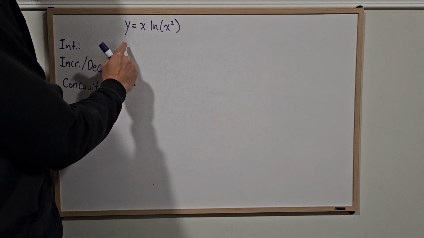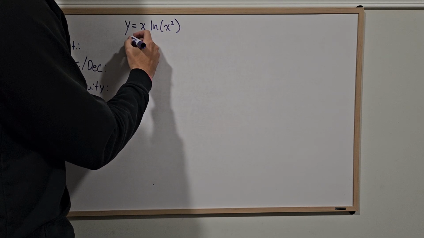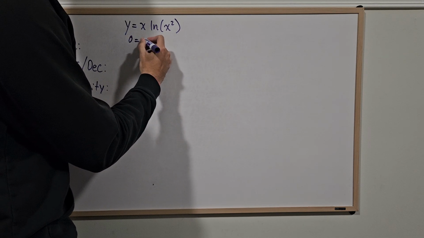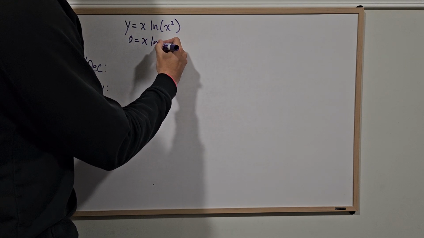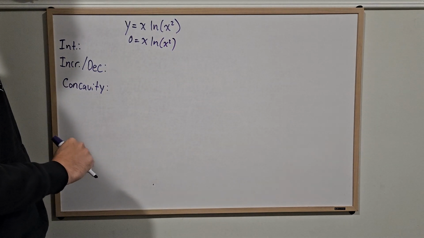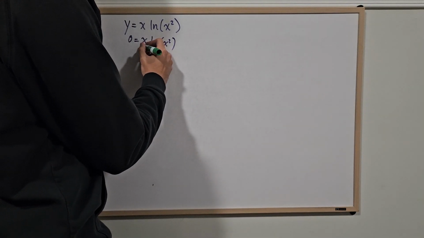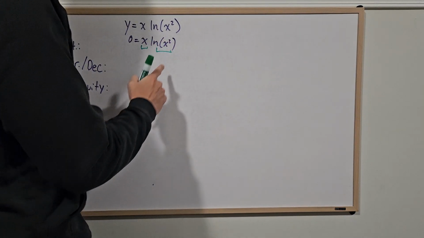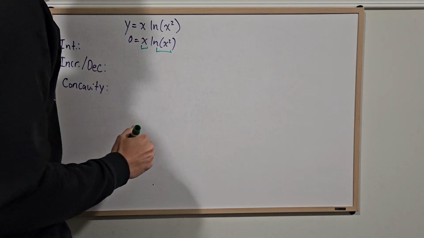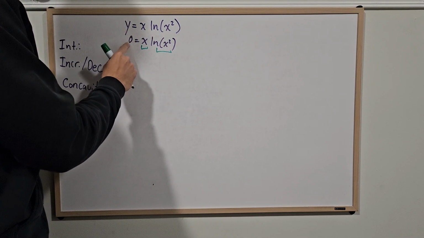So if we set y equal to 0, we'll have 0 is equal to x ln of x squared. Now over here on the right hand side, as we've seen many times before in the past, we have a product of two things, so setting either one equal to 0 is going to give us 0.